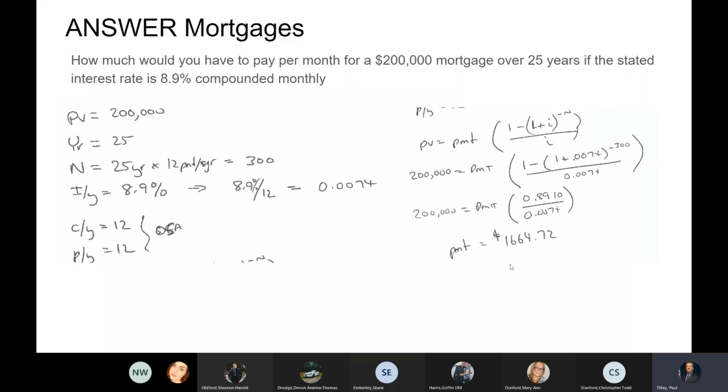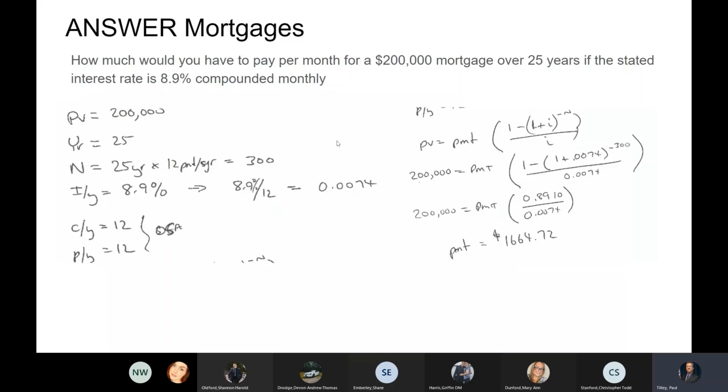We have our basic present value formula. We put the appropriate numbers in, 200,000, the value I, the value N, and we can calculate the payment to be $1,664.72. So you can calculate the payment pretty straightforwardly.